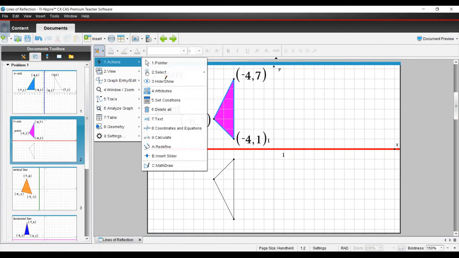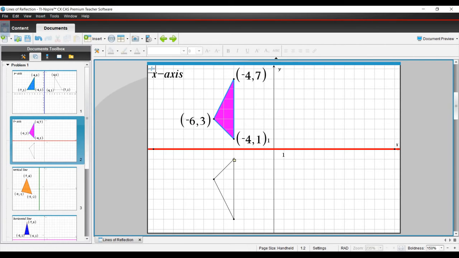All right, and once again, we're going to go ahead and pull up those coordinates. So I'm going to get that one there, that one there, that one right there. That's as far as it's going to let me pull it over here. All right, let's see if we can get it over a little more.